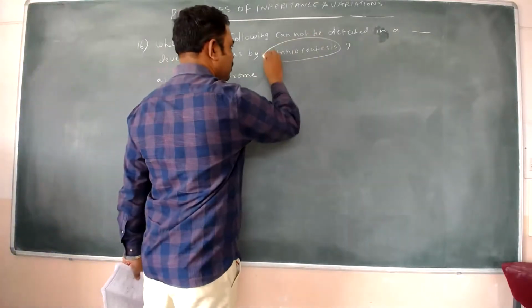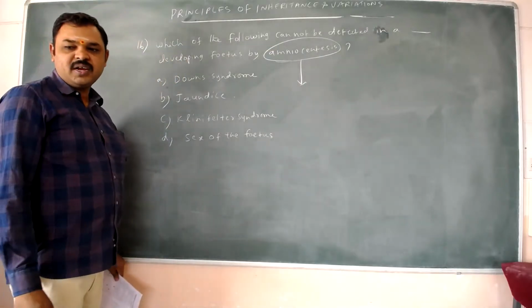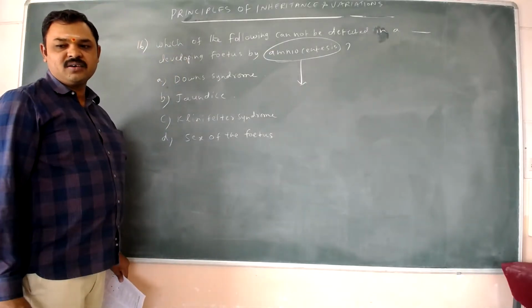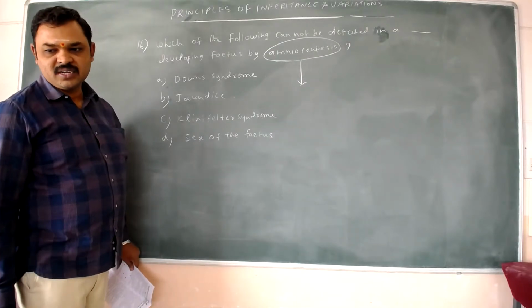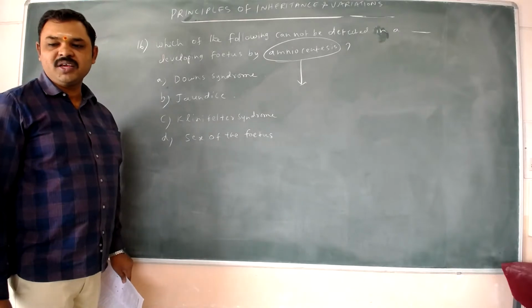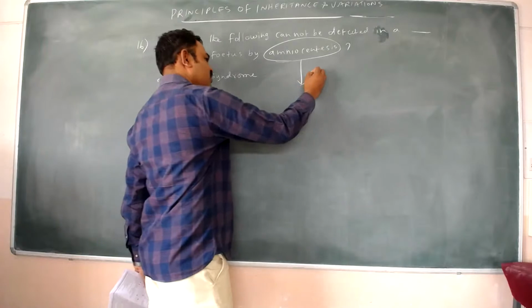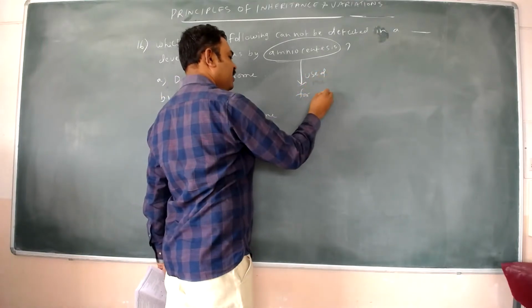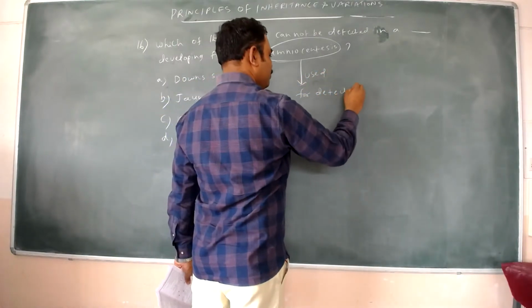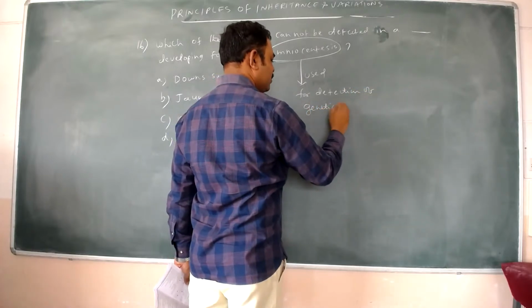Amniocentesis means amniotic fluid. This amniotic fluid is taken and analyzed using cell biology techniques. On analysis of amniotic fluid, what do we have to determine? Genetic disorders. The amniocentesis technique is used for detection of genetic disorders.